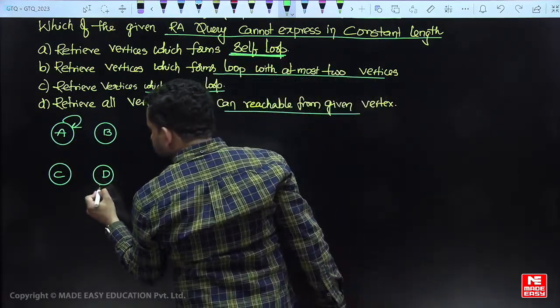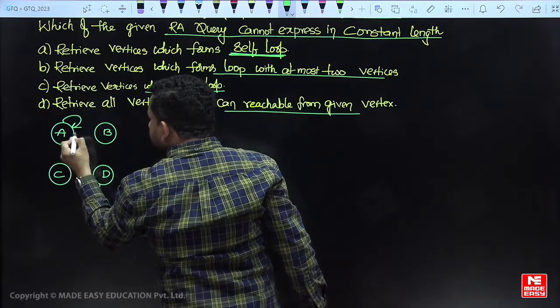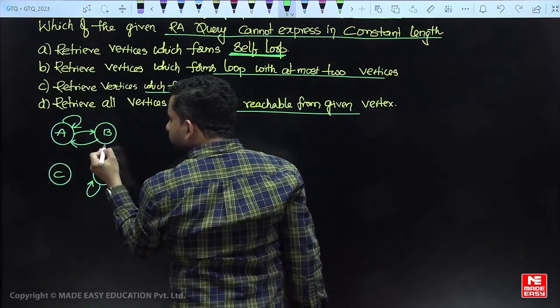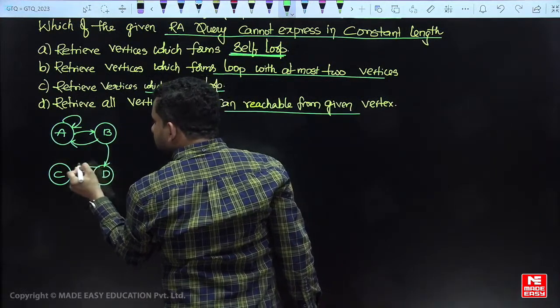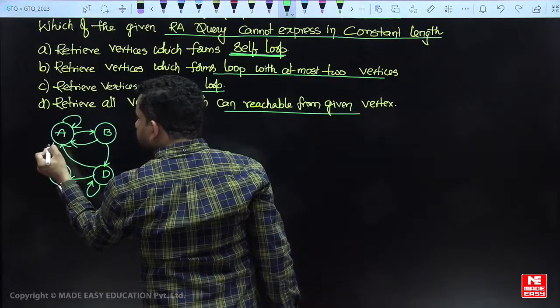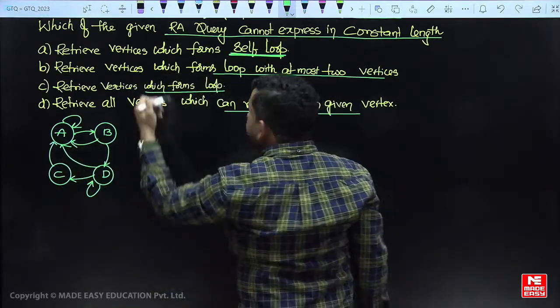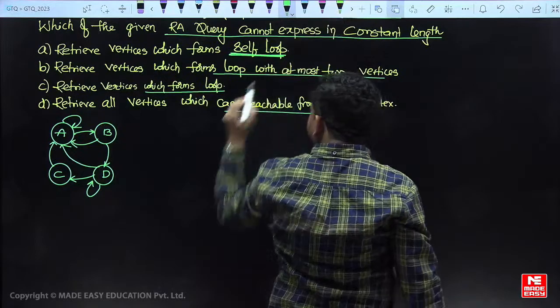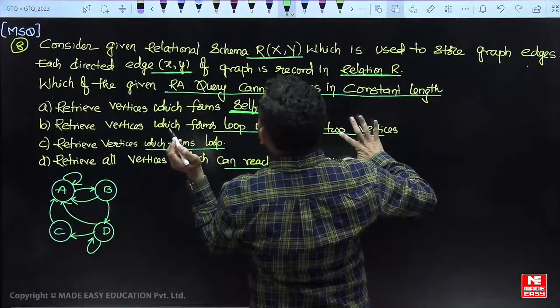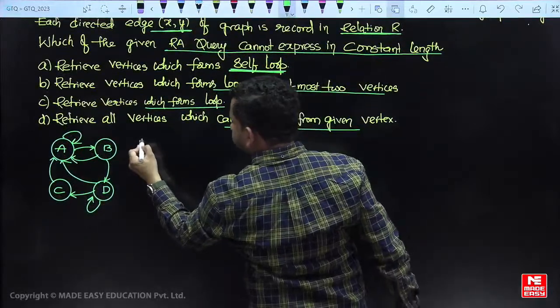So there may be self loop edges, edges of a 2 vertex loop, edges of a 3 vertex loop, or edges of a loop for all the vertices. Any such graph is stored in one RDBMS table. The table name is the given relation R.